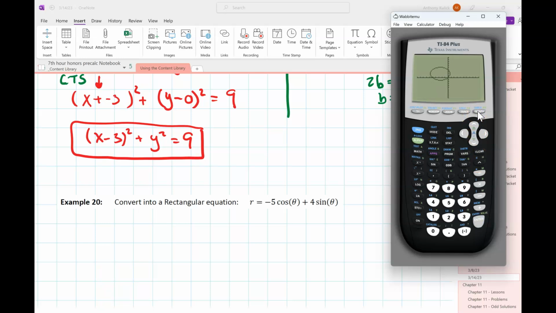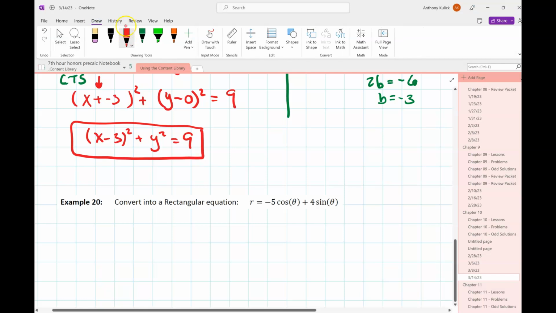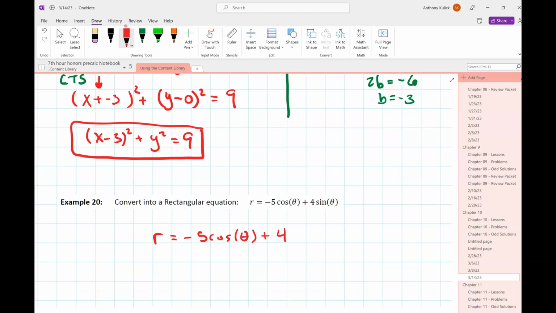What do we get here? Another circle. So we'll approach this the same way. What's the first step going to be? Multiply both sides by r. Good.